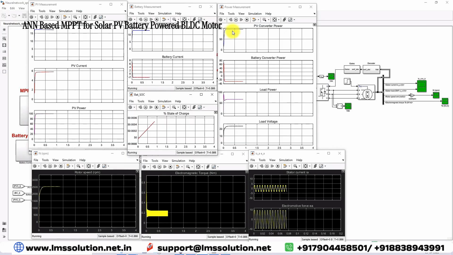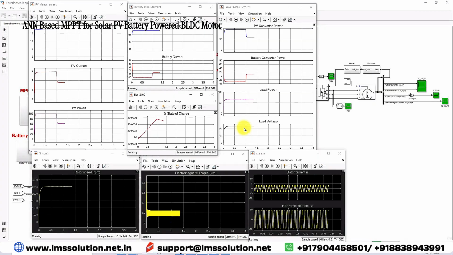The PV converter power is now around 95 watts, and the battery converter power is around -35, and the load power, nothing but the power input to the inverter, is around 60 watts, and the voltage across the inverter is maintained at around 24 volt. This is the speed of the BLDC motor, and this is the EMF of the BLDC motor, and then the stator current and the back EMF of the BLDC.